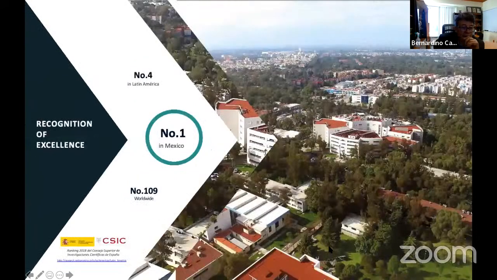Currently in Mexico, we are the number 1 institution in postgraduate programs, number 4 in Latin America, and number 109 worldwide, according to the ranking of the Consejo Superior de Investigaciones Científicas of Spain.